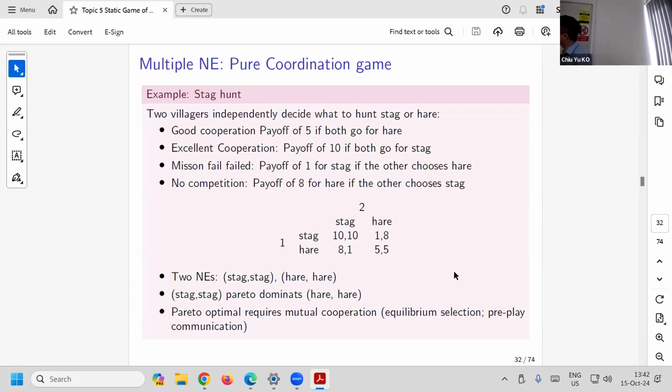So that's why you see this is the Pareto superior equilibrium, right? That means if you solve this kind of model, you say there are multiple equilibria, and we allow communication, and what we get is the Pareto optimal one.